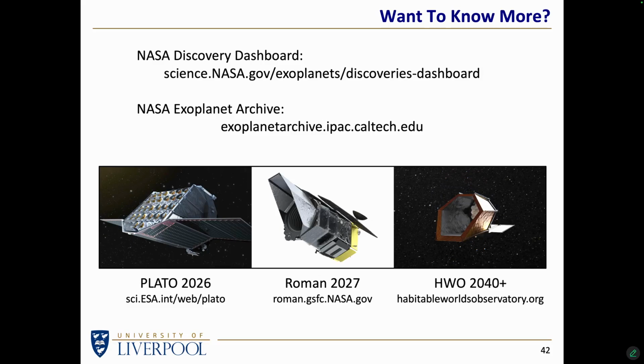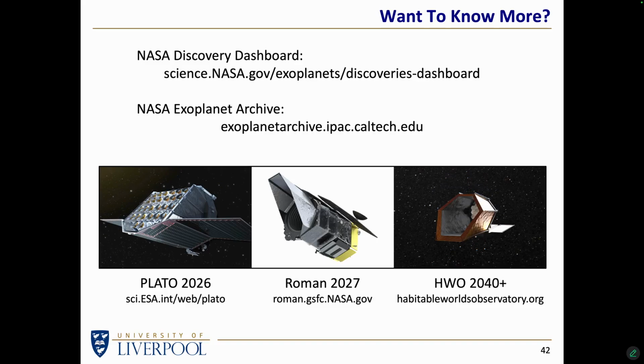Every exoplanet that has been found, all of its vital statistics, its size, its mass, its period, etc., they've all been documented and are available on the NASA web pages. They have an archive of how the planets were discovered and all of the characteristics of these planets that have been found so far. And the bottom three there, these are the missions that will be coming online hopefully before too long.